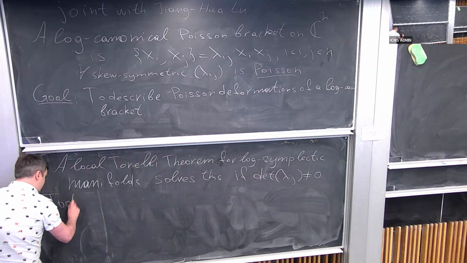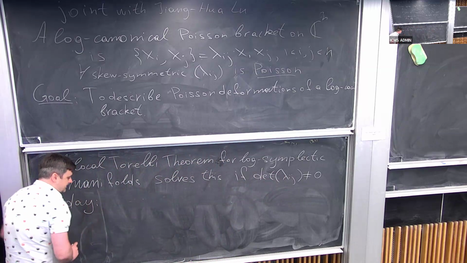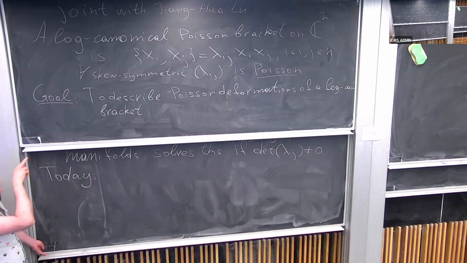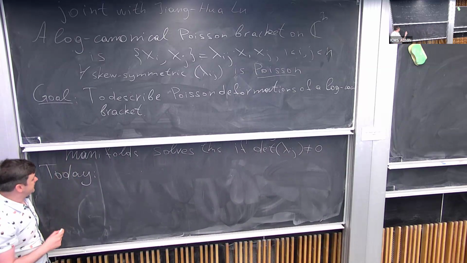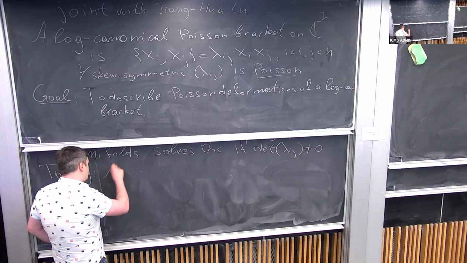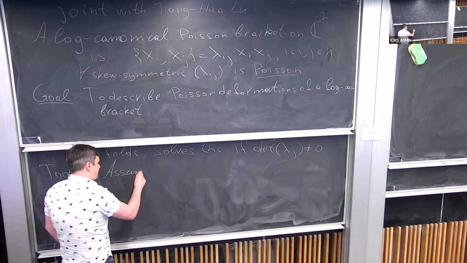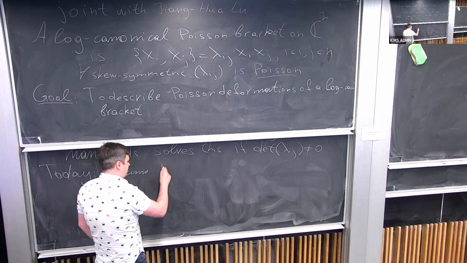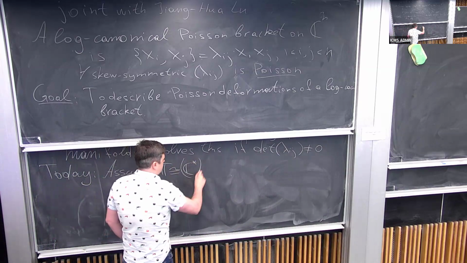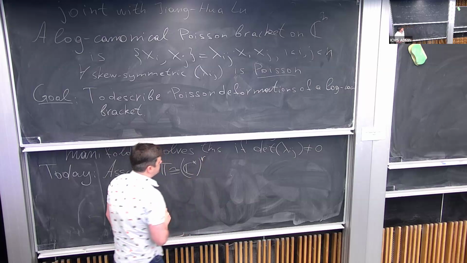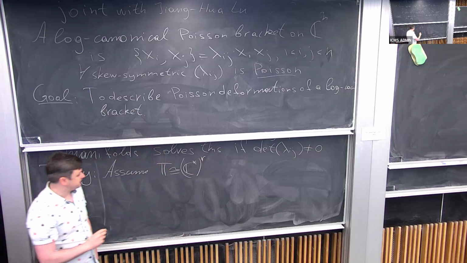So today I'm going to assume that there is also, in addition to the Poisson bracket, an algebraic torus acting on C^n. There is some torus of some rank, which doesn't have to be equal to n, it can be anything.